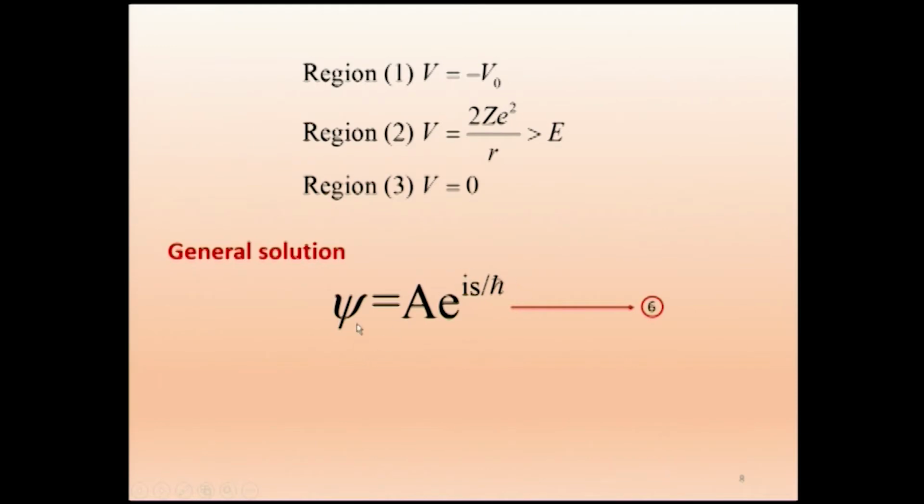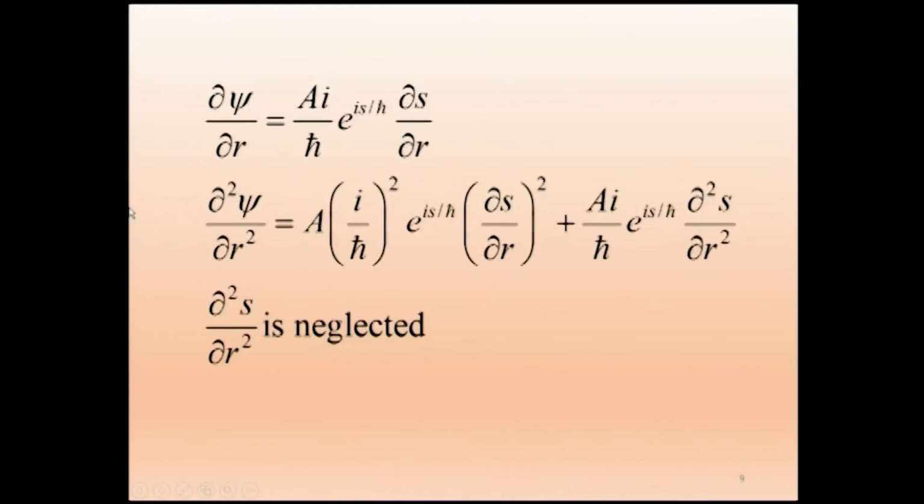This is the wave function psi, and now we find the first derivative. Dou psi by dou r equals A e power i by h cross, dou s by dou r, e power i s by h cross. If you differentiate, this is what you get, and then we take the second derivative, dou squared psi by dou r squared, with two variables.